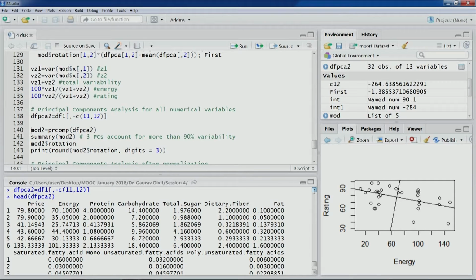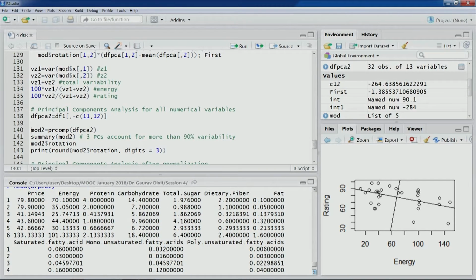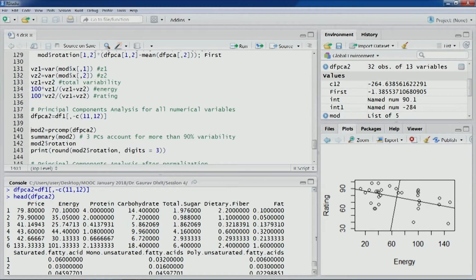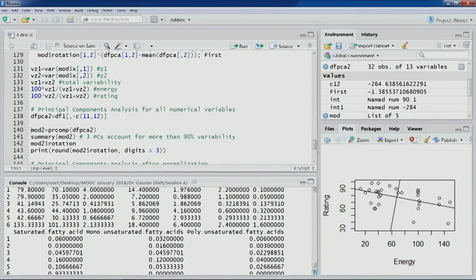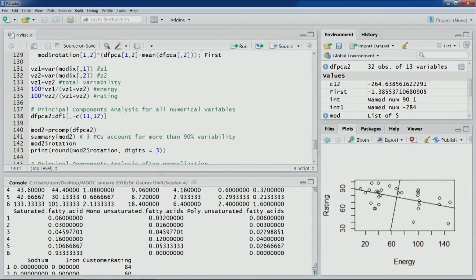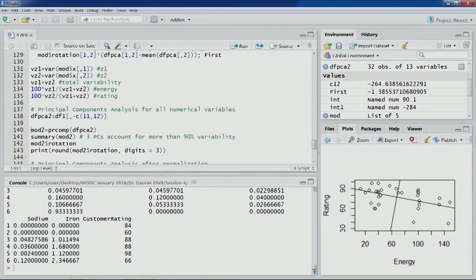Almost all the variables originally available in the data set have been taken for principal component analysis, starting from price, energy, protein, carbohydrate, sugar, dietary fiber, fat, saturated fatty acids, monounsaturated fatty acids, polyunsaturated fatty acids, sodium, iron, and last, the customer rating.